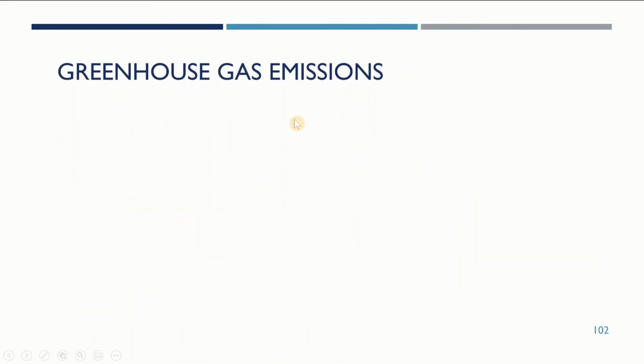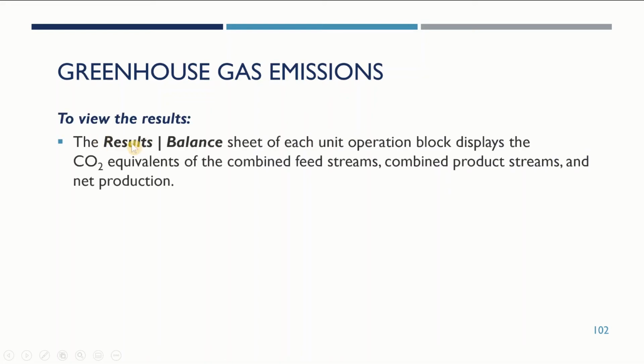After running the simulation, there are several ways to view the results. You can see the results balance sheet of each unit operation block. This sheet displays the CO2 equivalents of the combined feed streams, combined product streams, and net production.